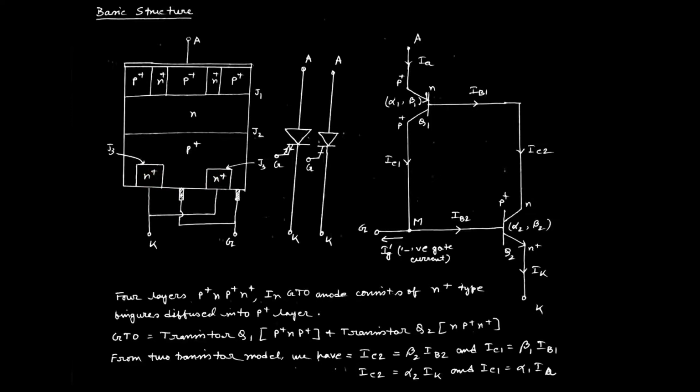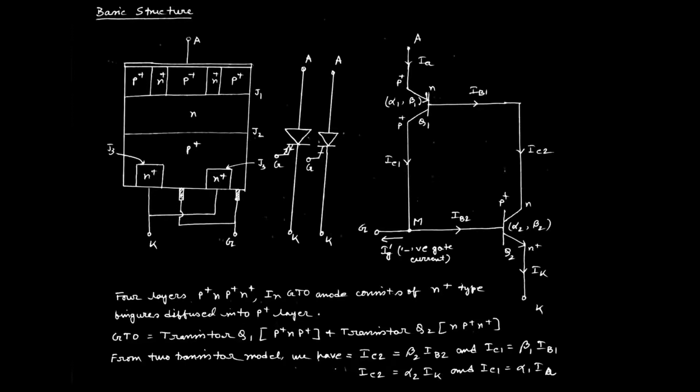That is why they are denoted by P plus and N plus. The four layers are P plus, N, P, and N plus in the GTO, with the cathode constructed by the N plus type as fingers diffused into the P type layer. So the GTO can be constructed with the help of this structure by the two transistor model.